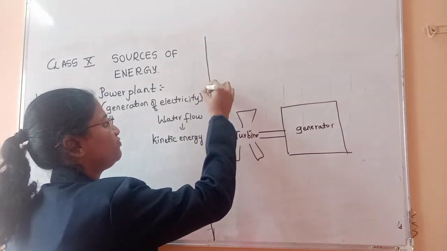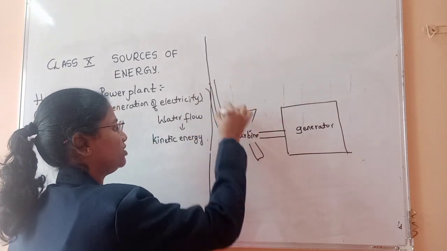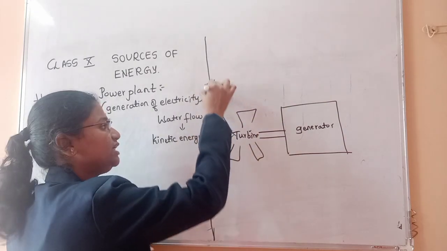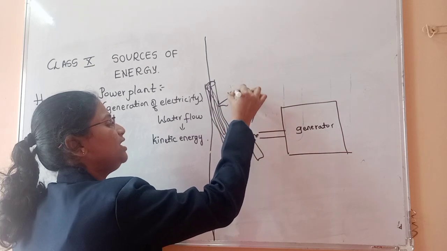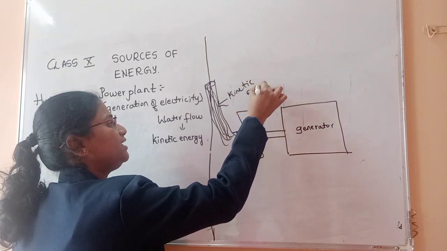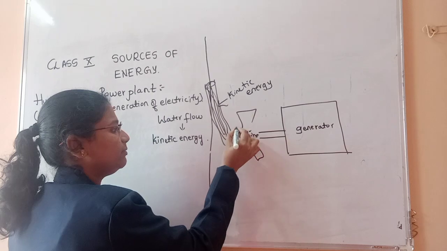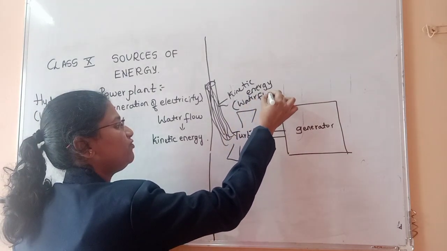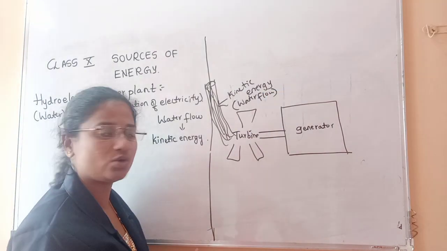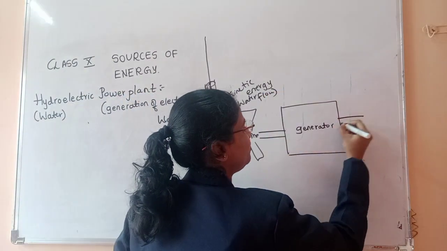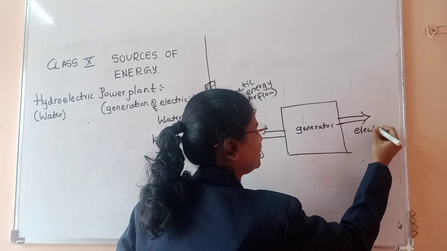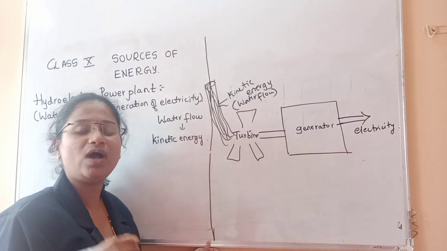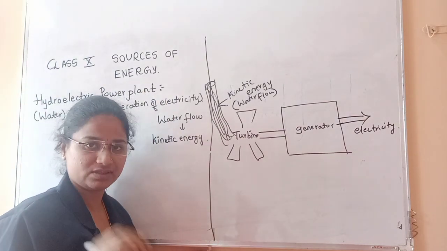The water flows from a height, so it has potential energy, and when it flows, it has kinetic energy. The kinetic energy of the flowing water makes the turbine rotate, which produces electricity. This is how a hydroelectric power plant works.